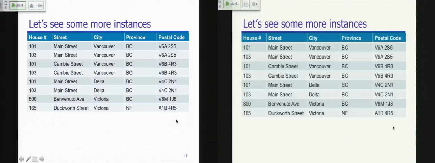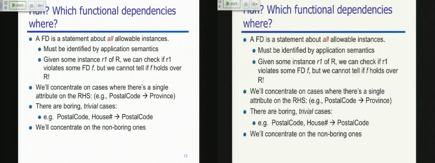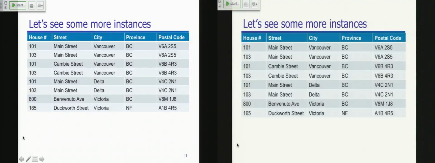Any questions? Okay, so it's important. However, one thing you can do from one instance is try to see whether a functional dependency does not hold. So you can validate whether it's true for this specific instance or not.